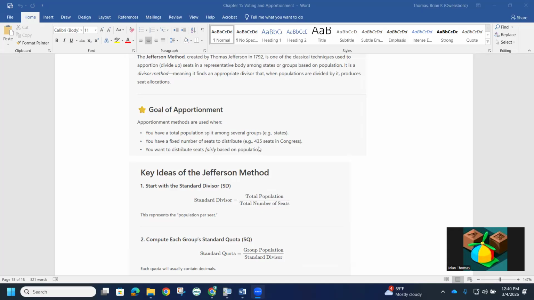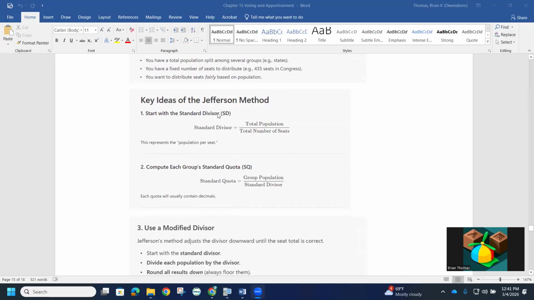As we were saying, there's 435 seats in Congress. And in the Senate, we have 100 seats. But the Senate does not use apportionment because each state gets exactly two senators. Congress is based on population. And again, the goal is we want to distribute fairly based on population.